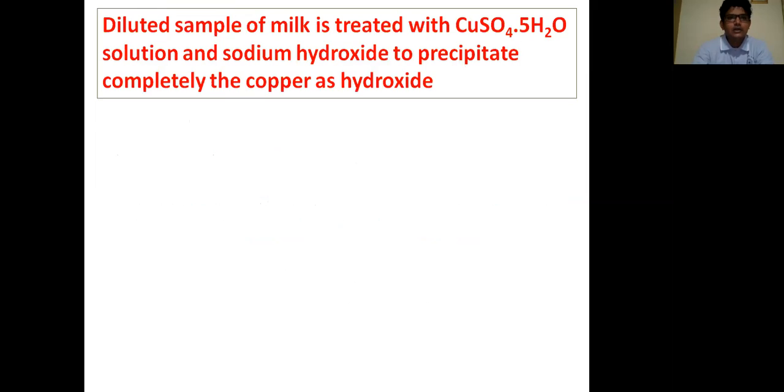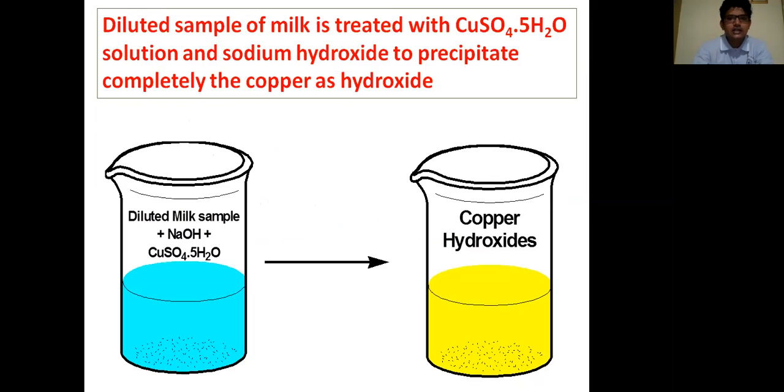The diluted milk sample is treated with copper sulfate pentahydrate solution and sodium hydroxide to precipitate the copper completely as copper hydroxide. Whatever procedure is explained here, we are going to see using a picture. Here is a diluted milk sample. In this diluted milk sample, we have to add NaOH solution and copper sulfate solution.